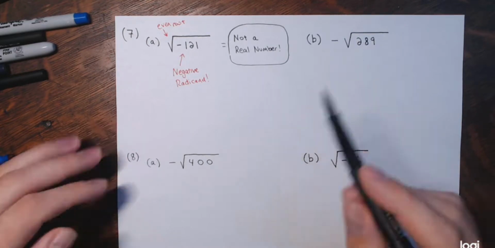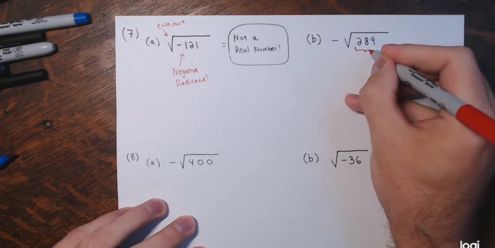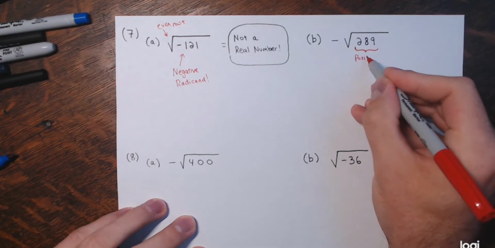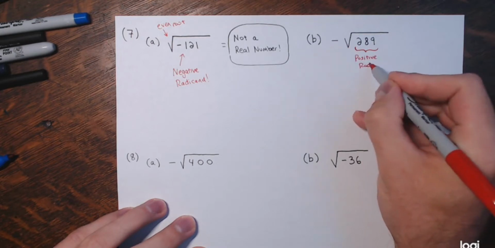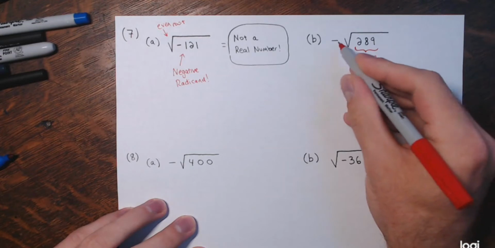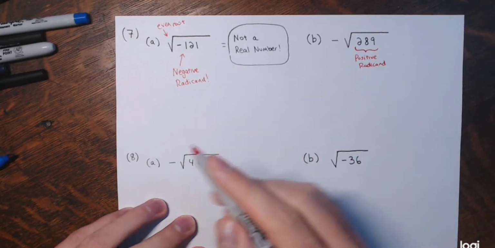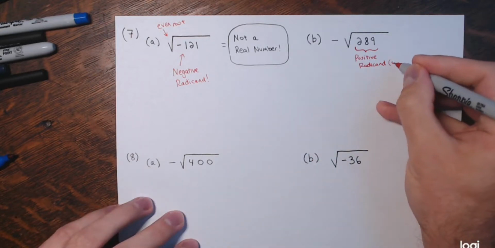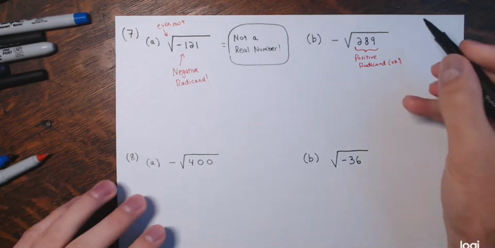See, the radicand under the square root is 289, right? This is a positive radicand. The negative sign is outside, so they want the negative square root. Remember, every positive number has a positive square root or a negative square root. They want the negative square root. So positive radicand, that's okay. That's cool. We can do this.